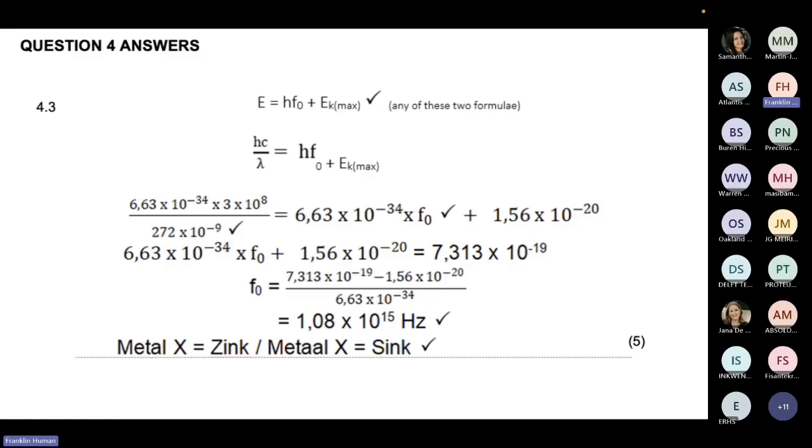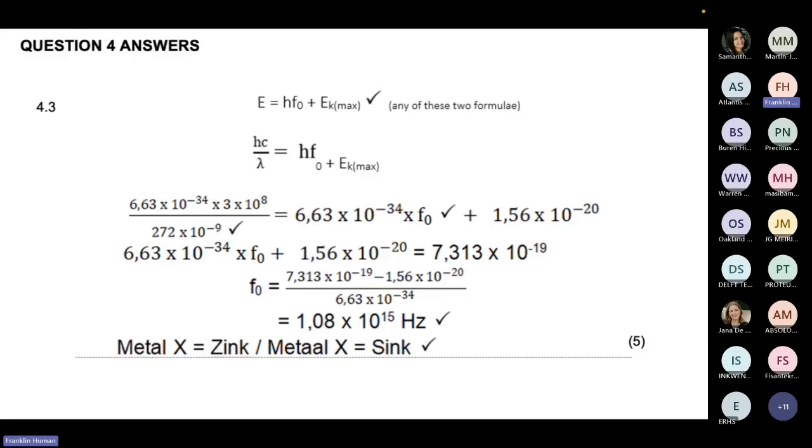Now we can expand the energy of the photon again. Let me take another quick detour: the energy of the photon is equal to hf, Planck's constant multiplied by frequency. If I expand frequency, frequency is equal to the speed of light c over lambda. So now the energy of the photon becomes hc over lambda, Planck's constant multiplied by the speed of light over wavelength, and that is equal to Planck's constant multiplied by the threshold frequency, the work function part, plus Ek max.